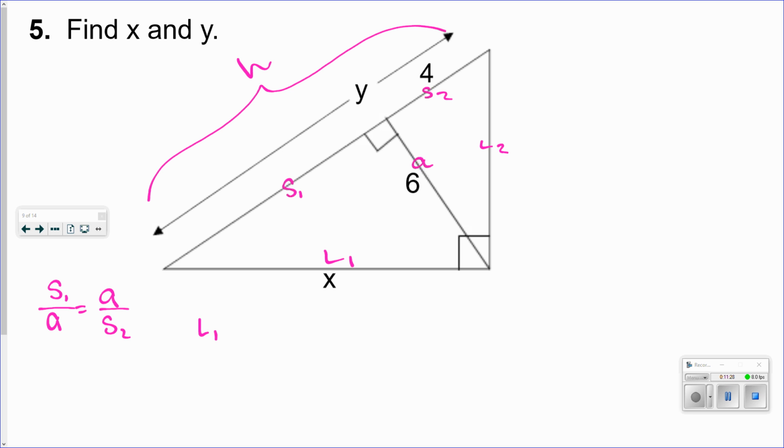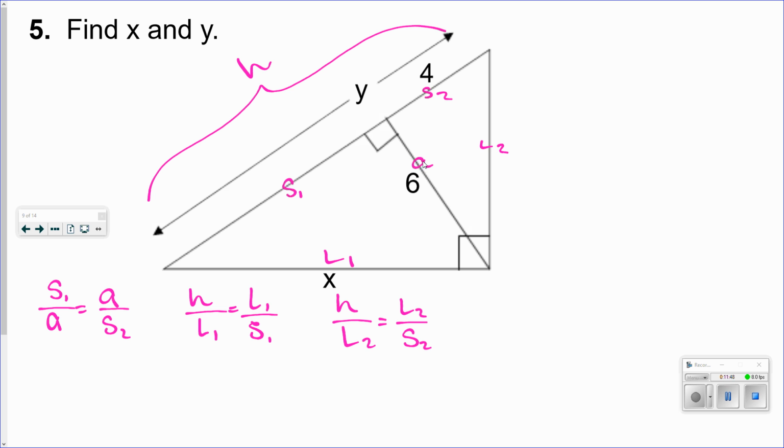We have our leg 1, which uses our hypotenuse and segment 1, or leg 2, hypotenuse, and segment 2. Okay, so those are our 3 options for our 3 different proportions.